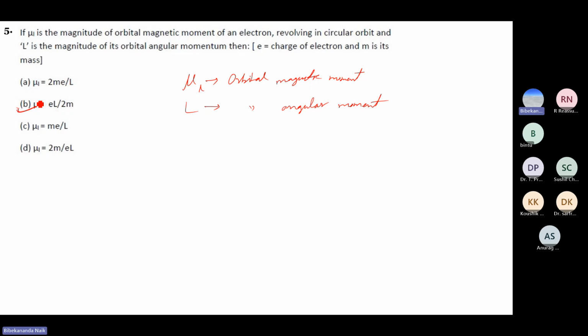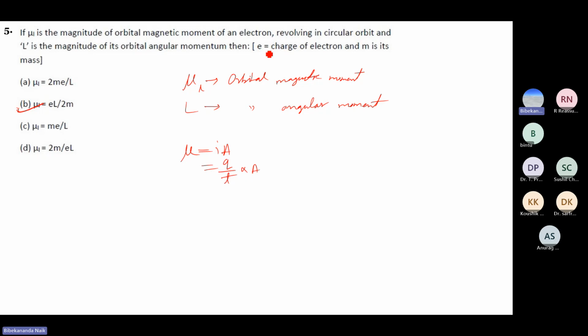So let's calculate it. We know the magnetic moment is given by mu equals to IA. So when a current is flowing in a cross-sectional area of A, then the magnetic moment is given by I into A. So I is nothing but Q by T and A is the area.